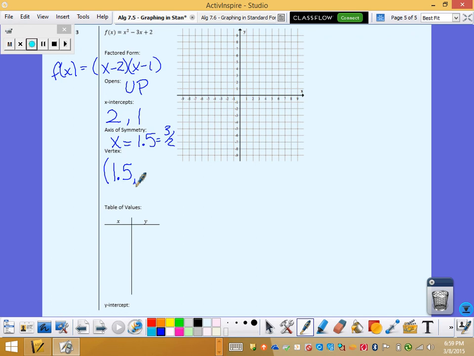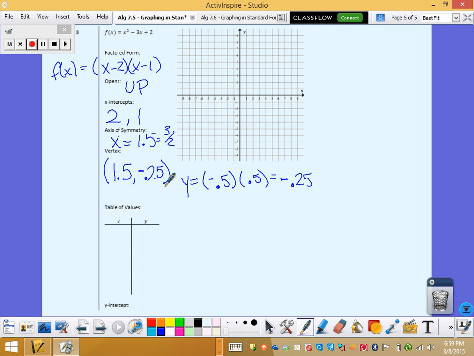X equals 1.5, and when I plug in for x in my equation, I'll find my y coordinate. 1.5 minus 2 is going to be -1/2 times 1.5 minus 1 is +1/2. -1/2 times +1/2 is going to give me a -0.25. So that's the value I'm going to plug in here.